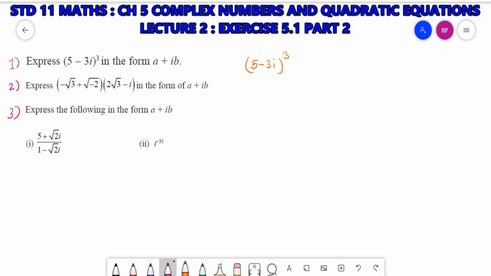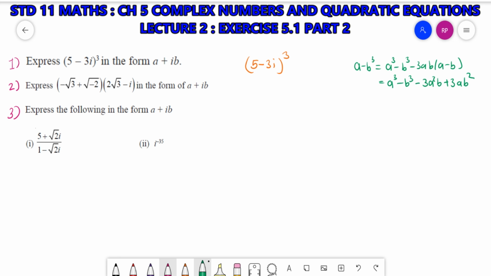Okay, here we will use the formula (a plus b) whole cube, or here it is (a minus b) whole cube. So what is the formula for (a minus b) whole cube? a cube minus b cube minus 3ab(a minus b), or a cube minus b cube minus 3a square b plus 3ab square.